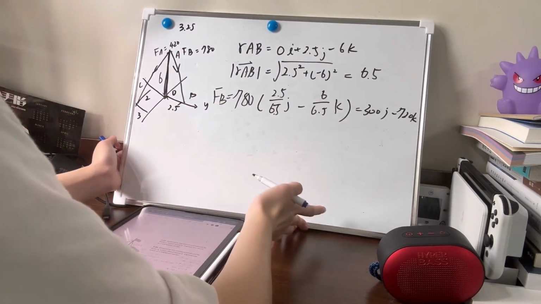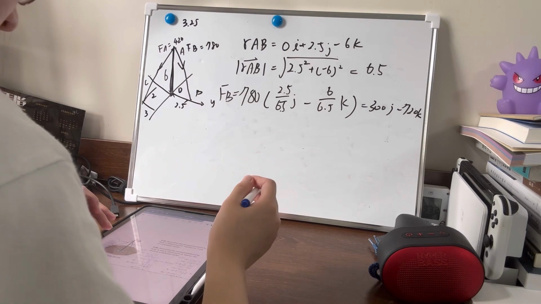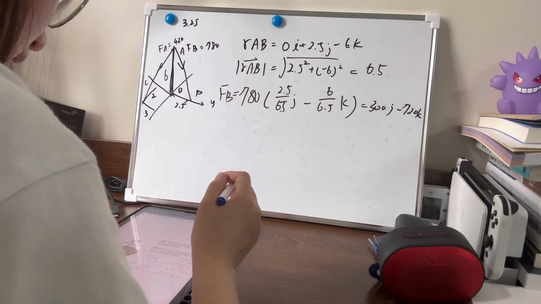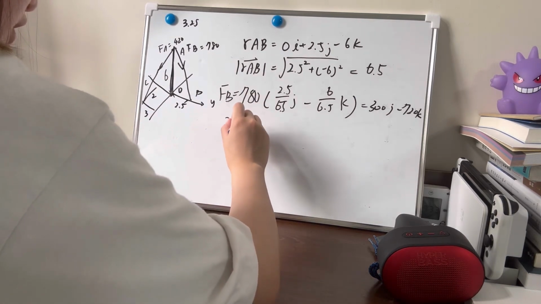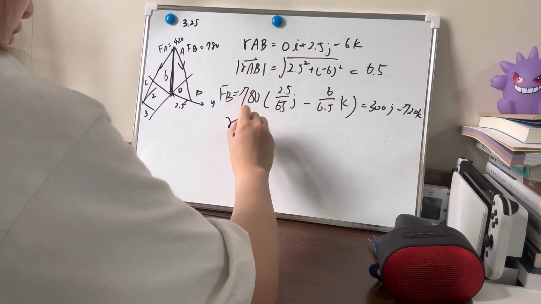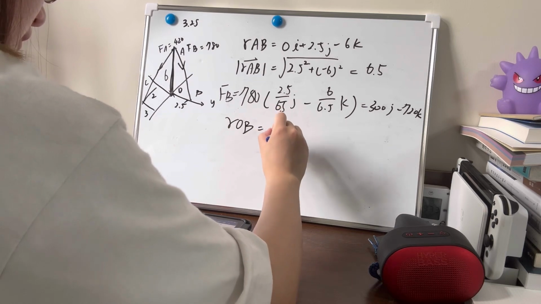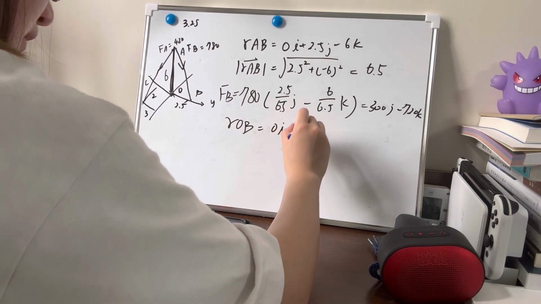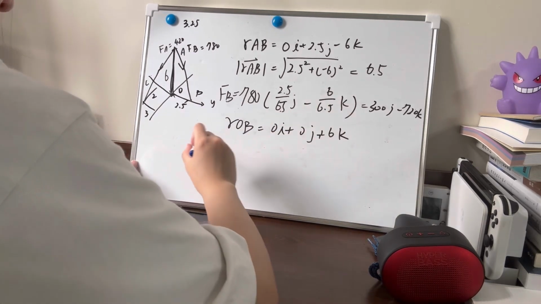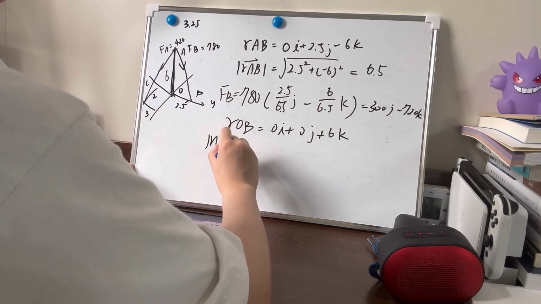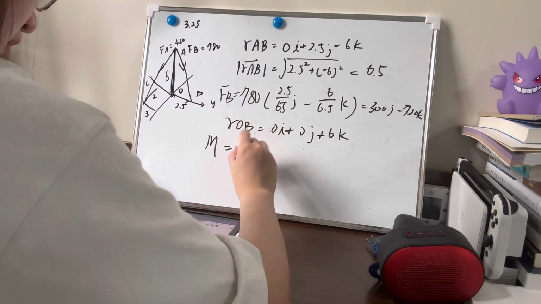And we have to figure out the moment about the point O. So the ROB is 0, 0, and 6. Okay. And the moment function is like this.